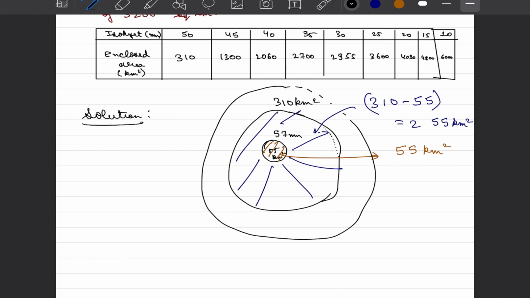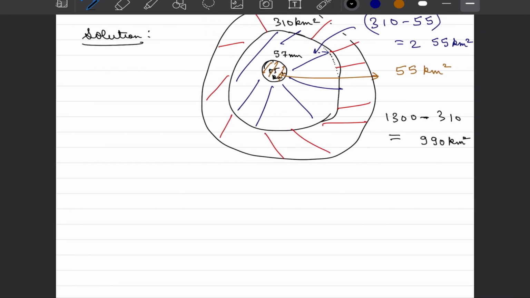The area that we will have here is 1300 enclosed area, and that would mean the area that I'm going to hatch in red would be just 1300 minus 310, because this inner circle area is the total enclosed area which includes both brown as well as blue, and hence this number comes out to be 990 square kilometer.